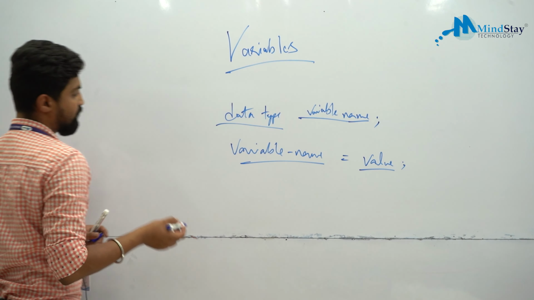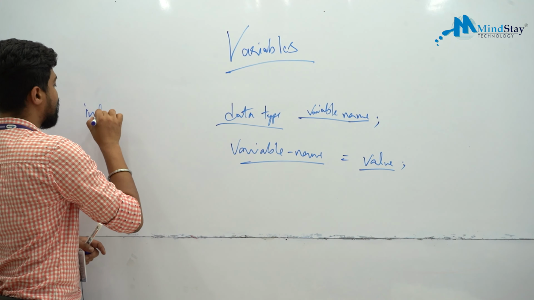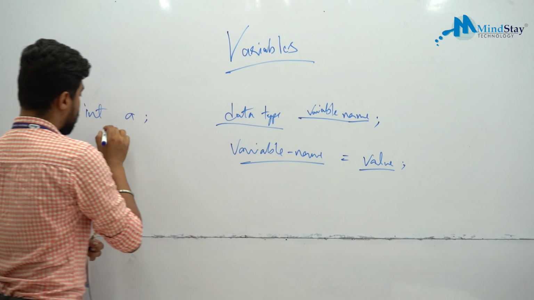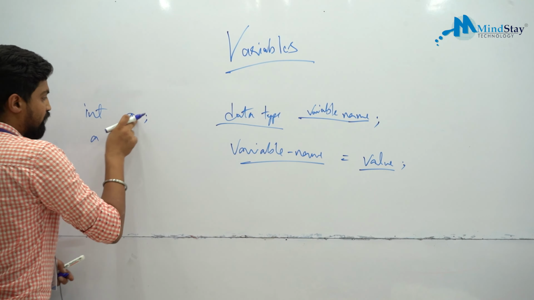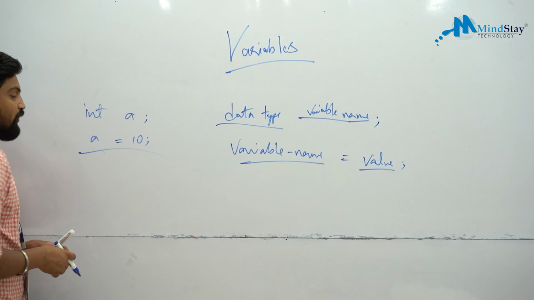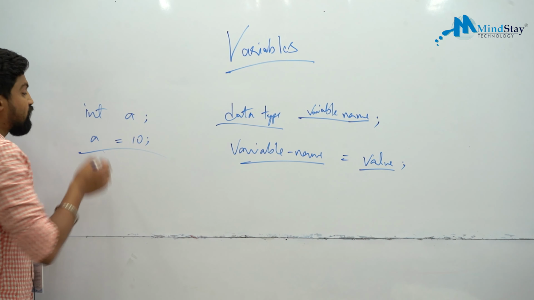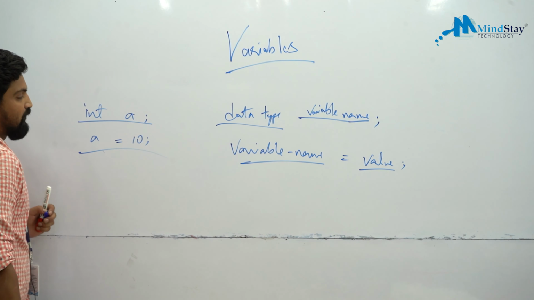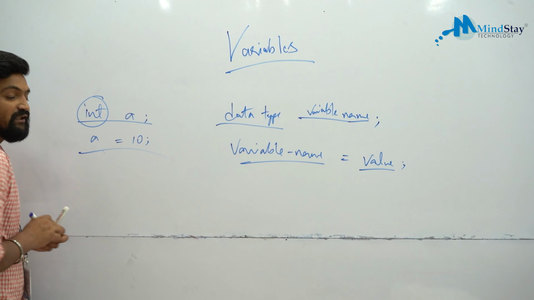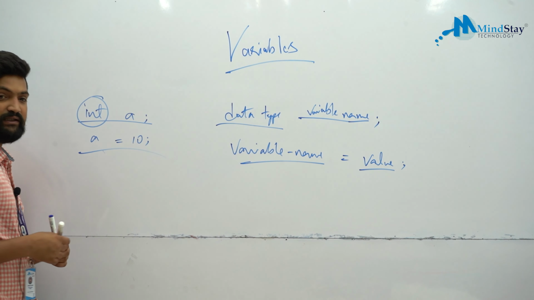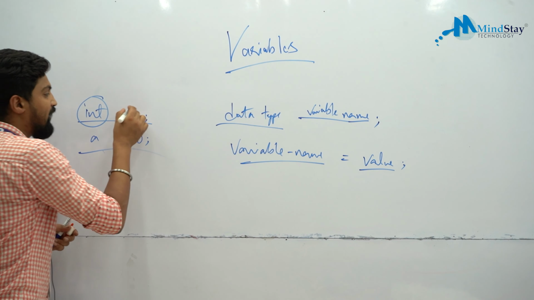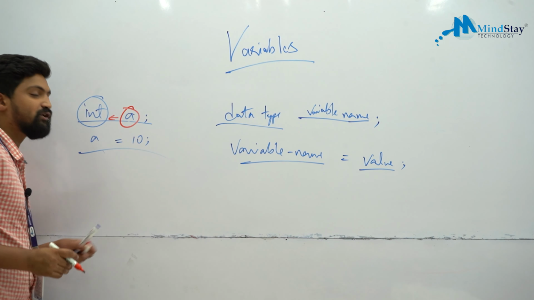If I need to put this into one single frame, let us say int is my data type, right? A is my variable name, right? And here I am assigning it with a value. So in this section, let us again understand, I am trying to declare a variable here, with the integer data type, which simply means I am saying that this variable A should store integer values.